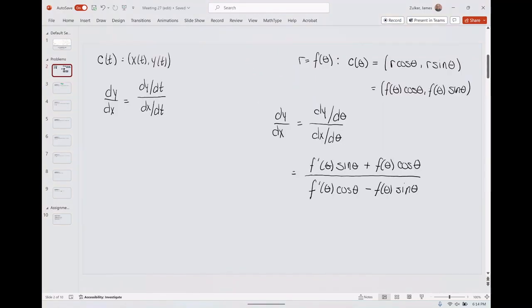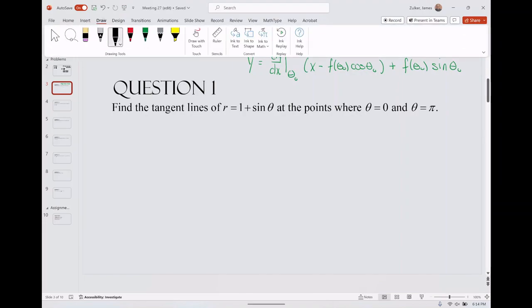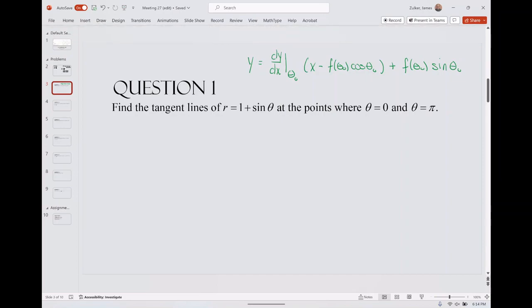Well, x is f of theta cosine of theta. Right, and y was f of theta sine of theta. So there's what we're looking for.